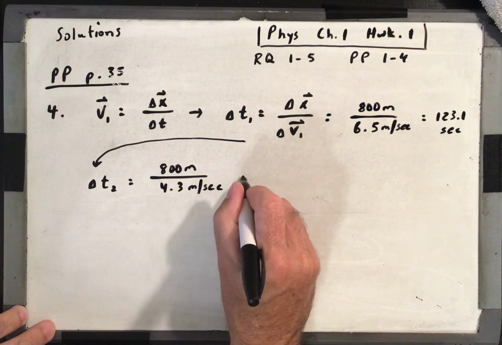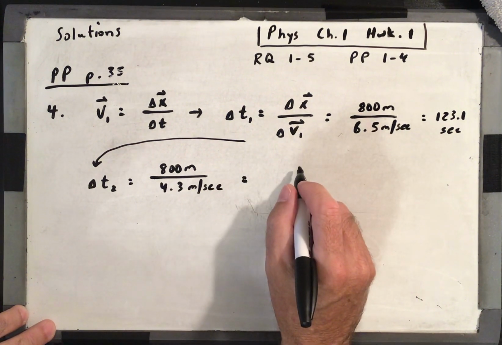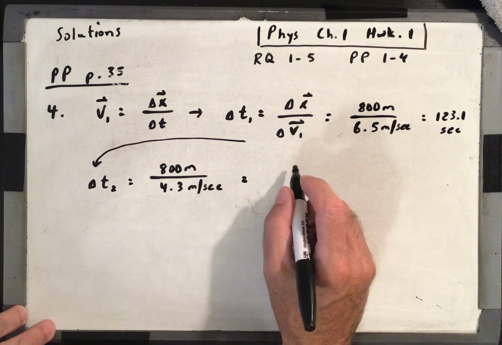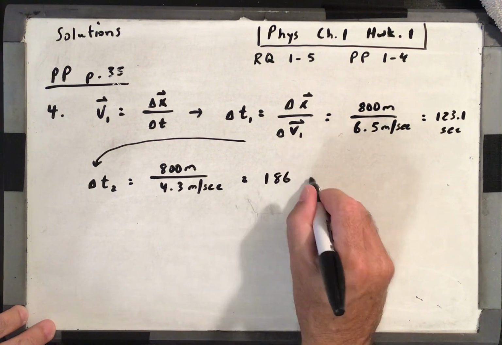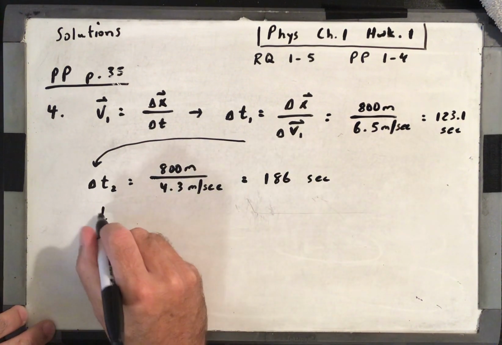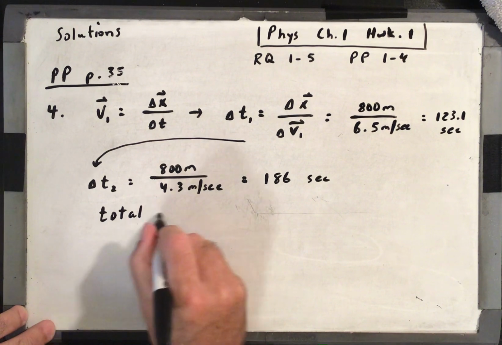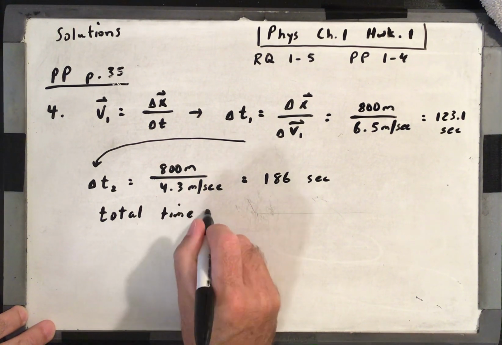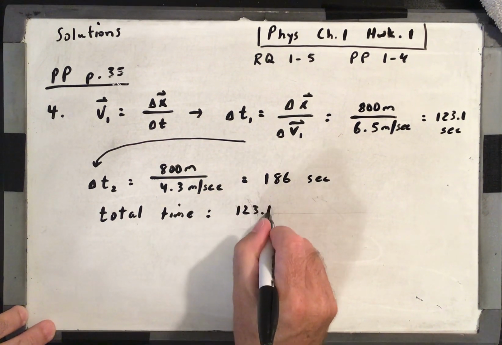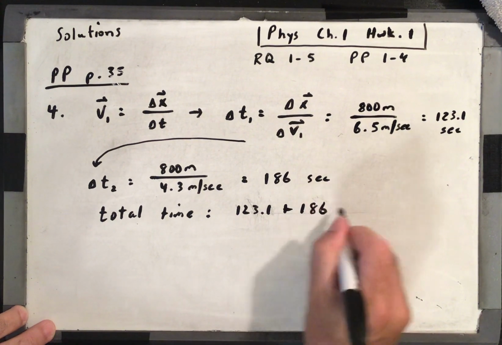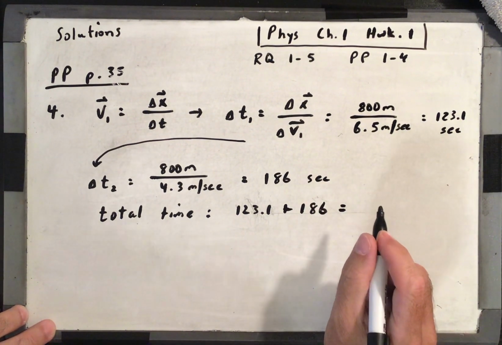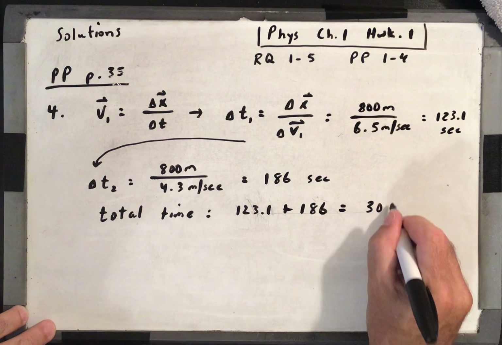So it's going to take more time, and for that second leg, it'll be 186 seconds. So the total time is going to be 123.1 plus 186, and that is 309.1 seconds.